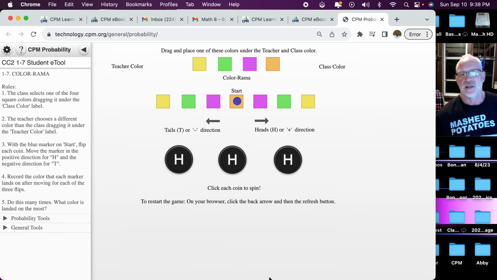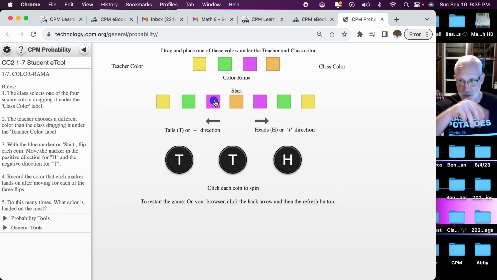And we kind of played like this. So we said, all right, tails, heads, tails. Purple wins. So then they wrote a tally on purple. We started a new game. Tails, tails, heads. Purple won again, so they put a tally mark down there. We played another game.